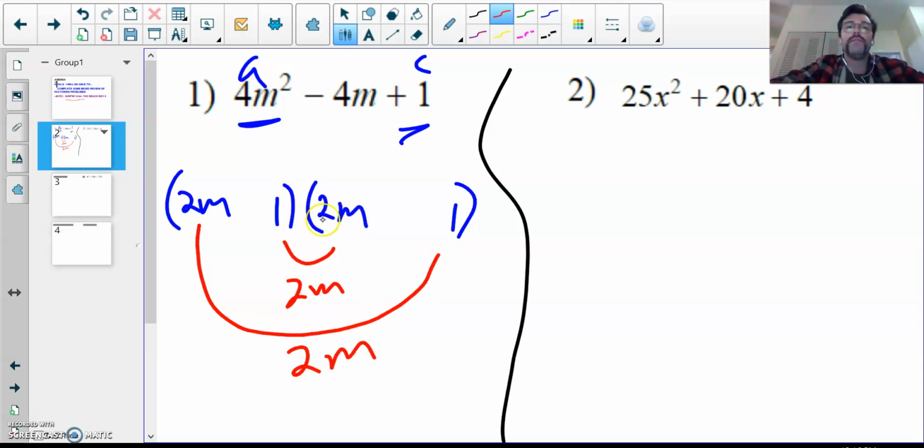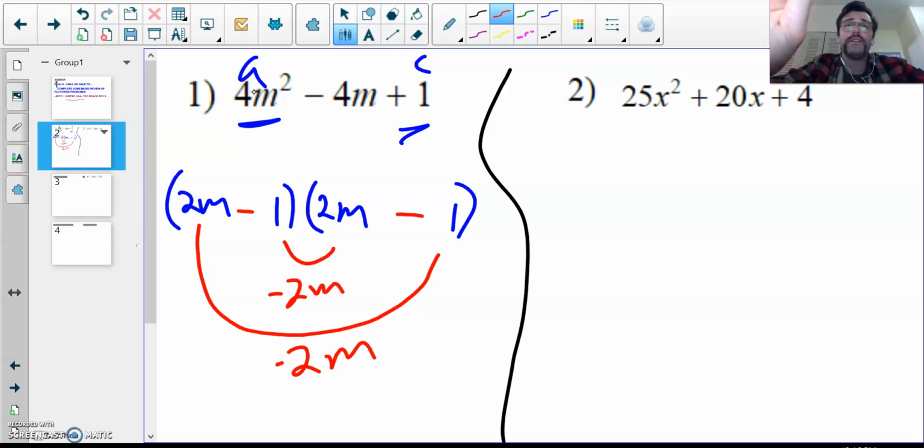So multiplying these terms and these terms are supposed to sum to negative 4. Well, if I check here, I have 2m plus 2m, and I have positive 4. In order to get negative 4, I need to make both of these negative. If I make both of those negative, I'm going to have to put negatives on my 1s. Why? Putting negatives on our 1s will give us negative 1 times negative 1, which will give us positive 1 here. 2m times 2m is not going to affect my 4m squared.